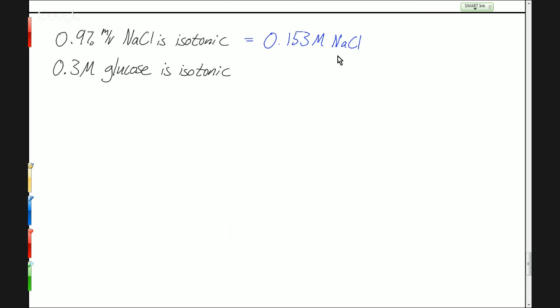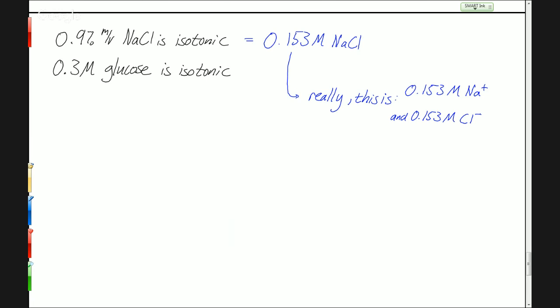So a more true way of expressing this is that really this is 0.153 molar of sodium ions and 0.153 molar chloride ions.